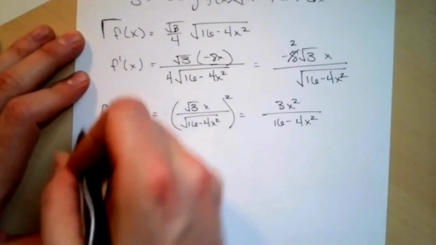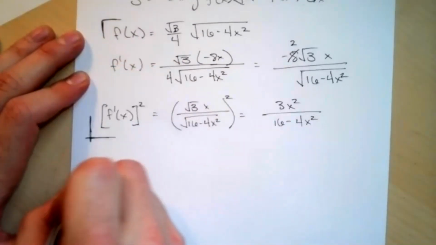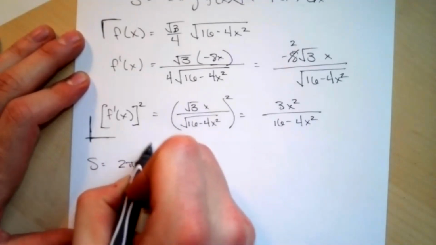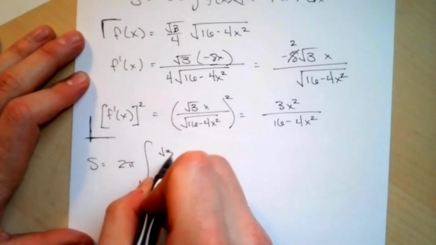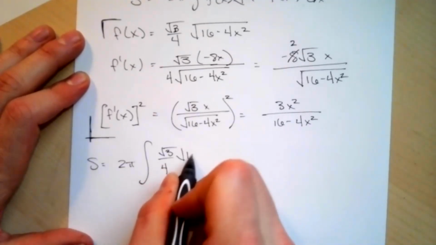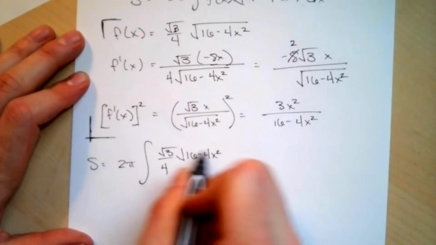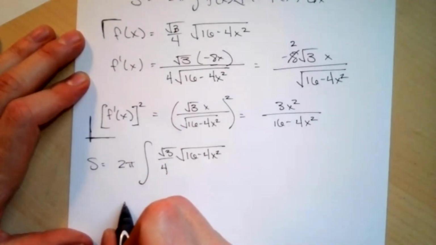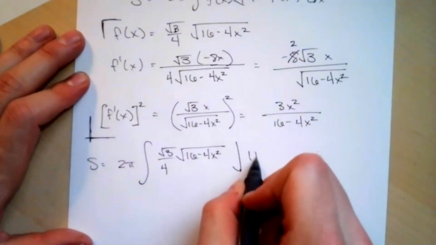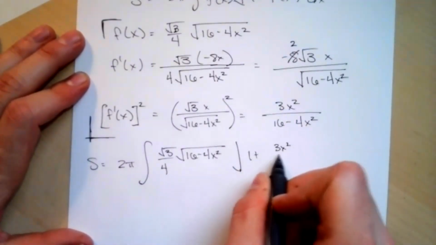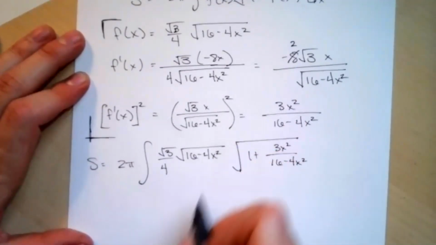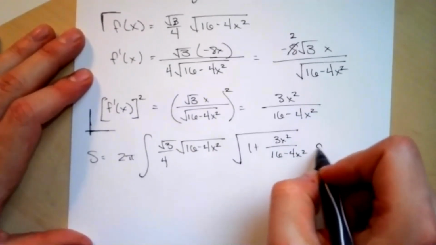Now when we plug everything in, it'll be a little bit simpler to start with. We won't have to do so much of the algebraic simplification within the integral. So we still got some messy constants, square root of 3 over 4, and then we had square root of 16 minus 4x squared for our f of x, and then square root of 1 plus this guy, dx.